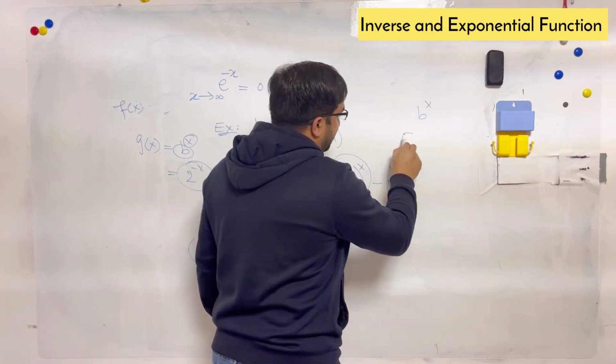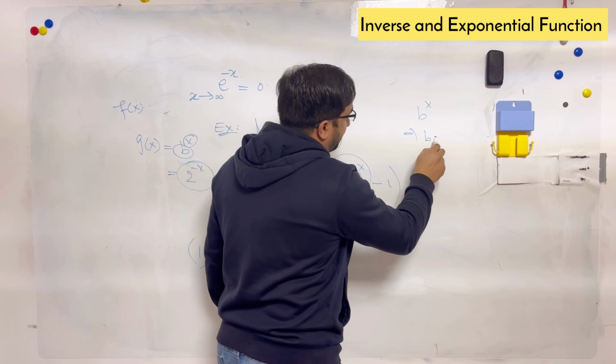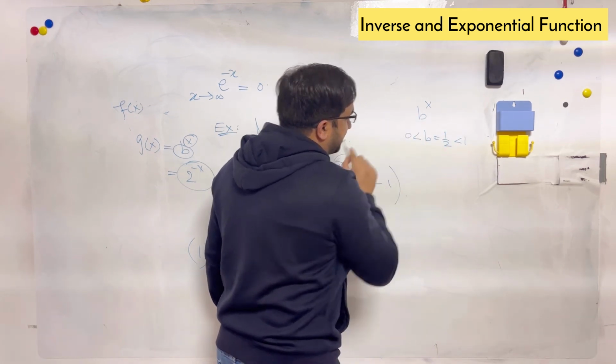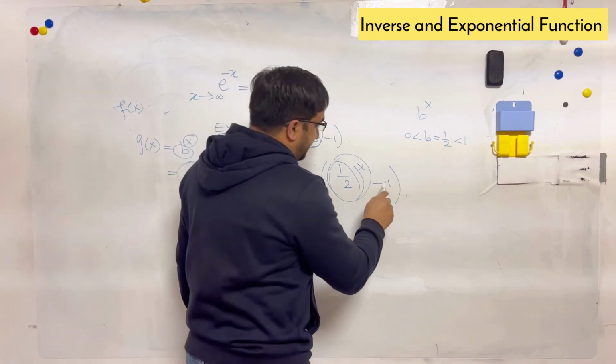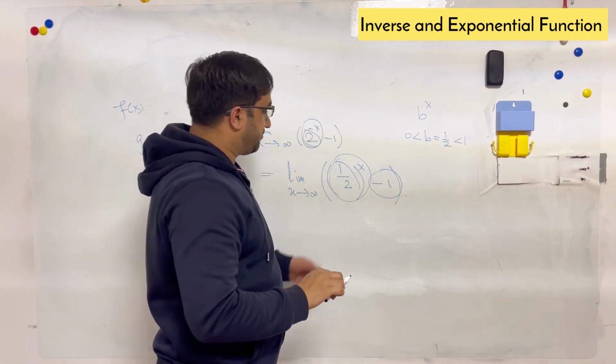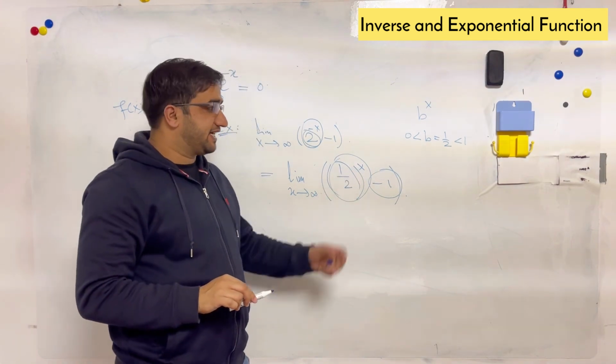Anyways, now look, this function is the exponential function, b raised to the power x. But in this case, b is 1 by 2, and 1 by 2 is less than 1 and greater than 0. And this is just another function which is added to the exponential function. So the problem is in the exponential function.